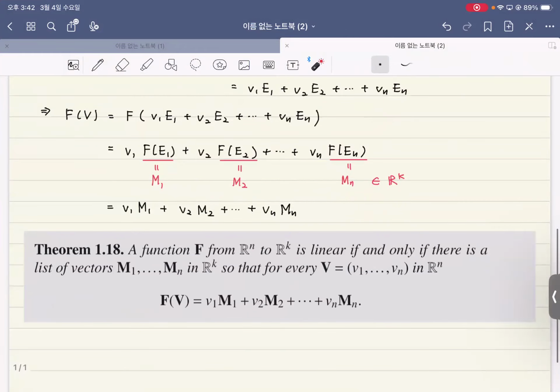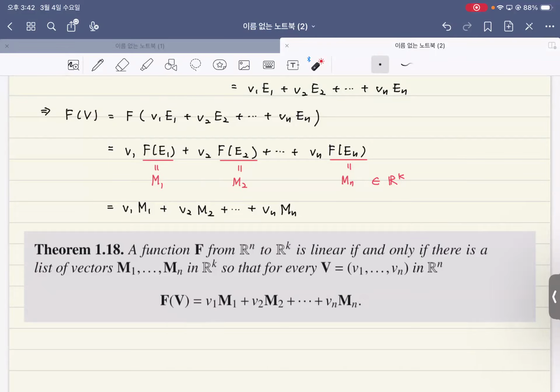If your function from Rn to Rk is linear, then you must be able to find these k-dimensional vectors M1 to Mn so that the function value at this point equals this linear combination.